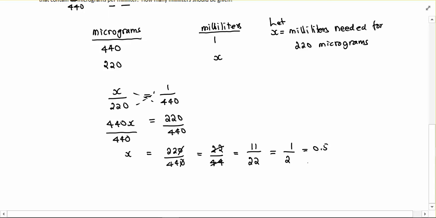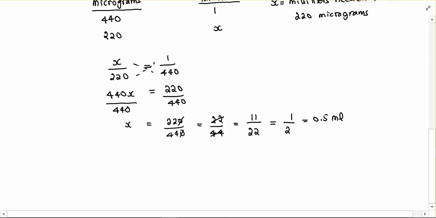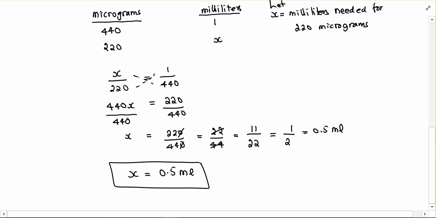It's okay to write 0.5. 0.5 what? 0.5 milliliters. So report the answer: X is equal to 0.5 ml. So define X, equation, solve, report answer.